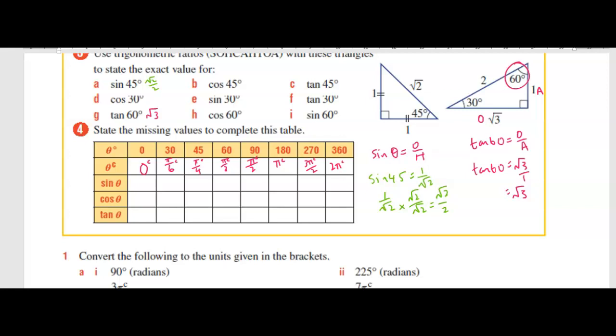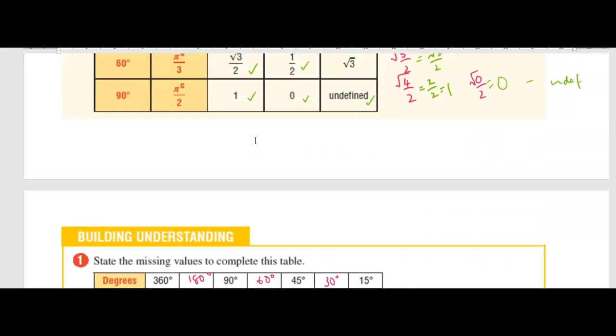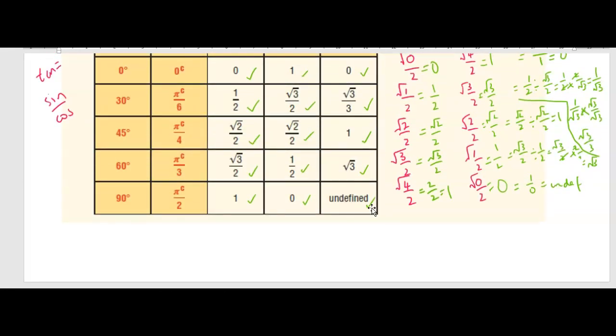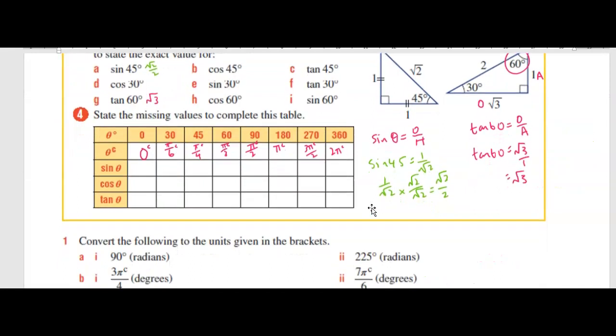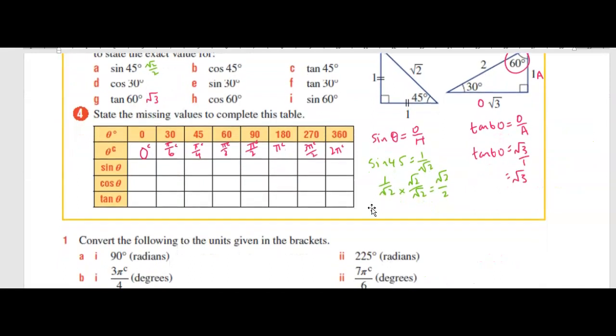All right, so this is where we can use that little trick we did before. Remember, the first thing you need to do is everything is over 2. And I'll just do up to 90 because I'll talk about 180, 270, and 360 separately.